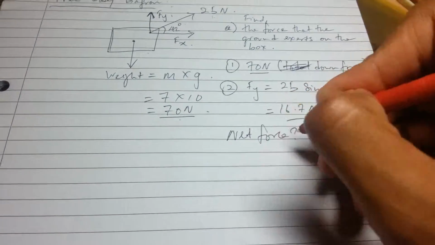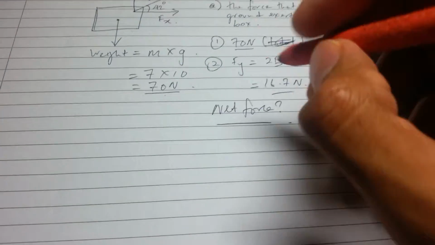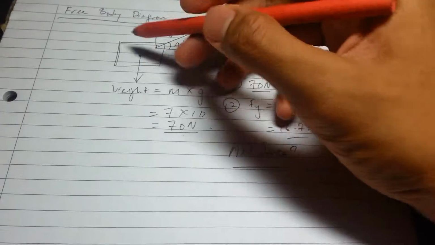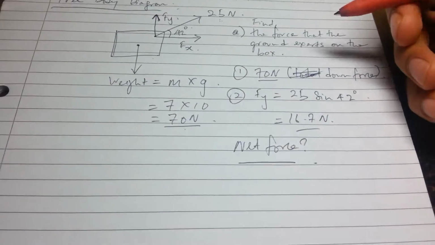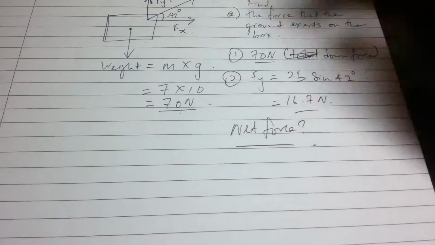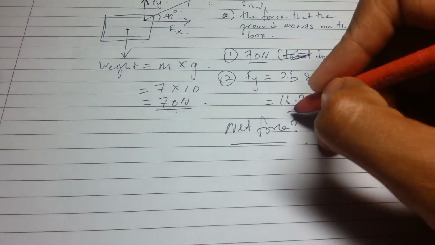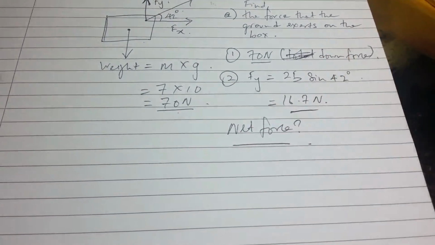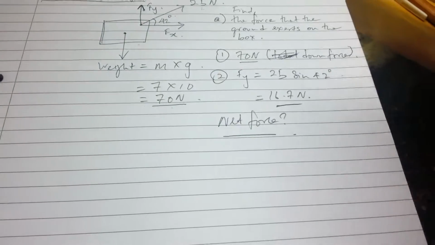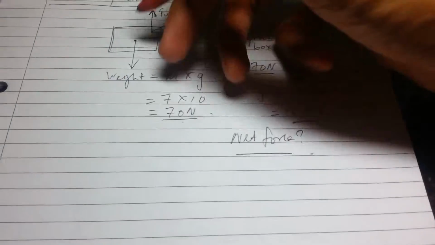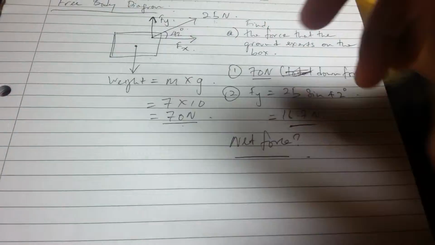So what is the net force? We have this box. The downward force is 70 Newton. The upward force is 16.7 Newton. So you take the downward force minus the upward force, because they go in opposite directions, so they cancel out each other.